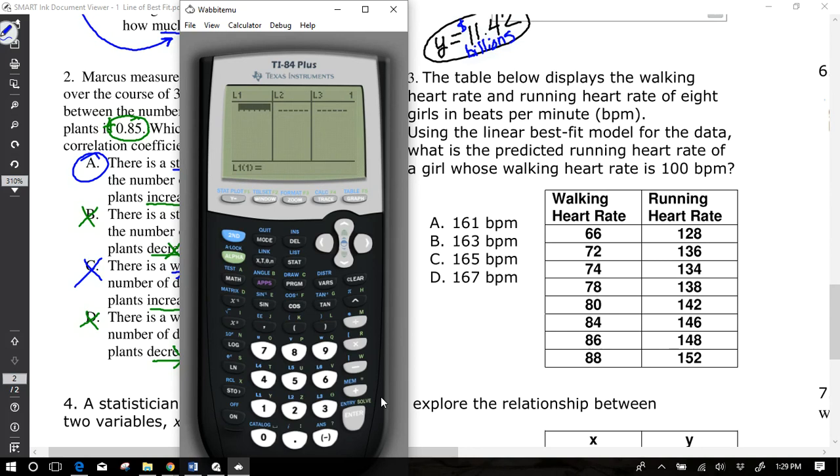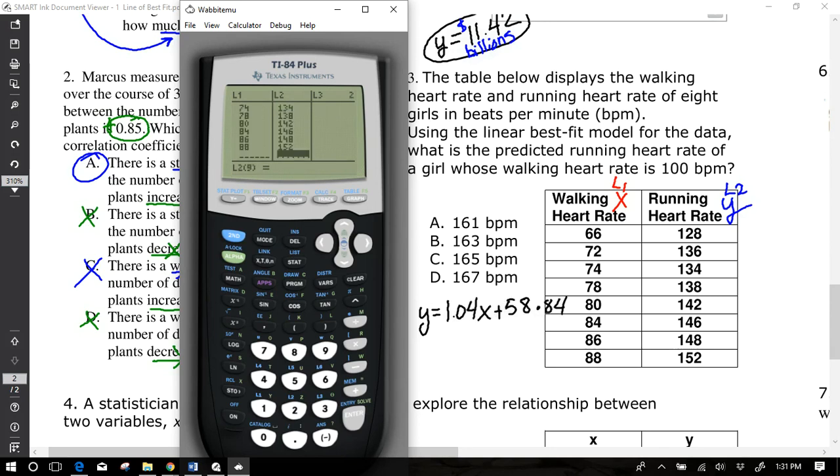It is going to be your X values because that is on the left-hand side of the table, so it will go under L1. These running heart rates will be your Y values and they will go under L2. So go ahead, fill this in, and then write down for me right here, what is the line of best fit for this data?